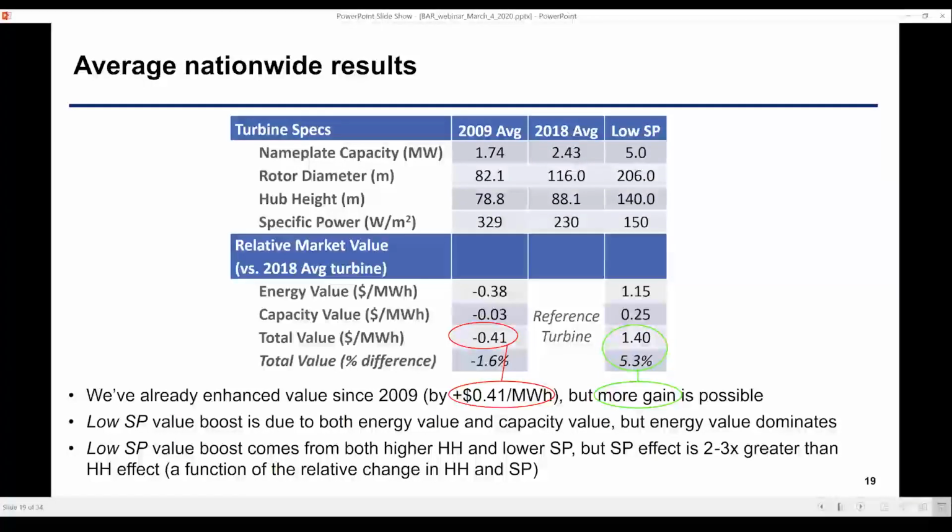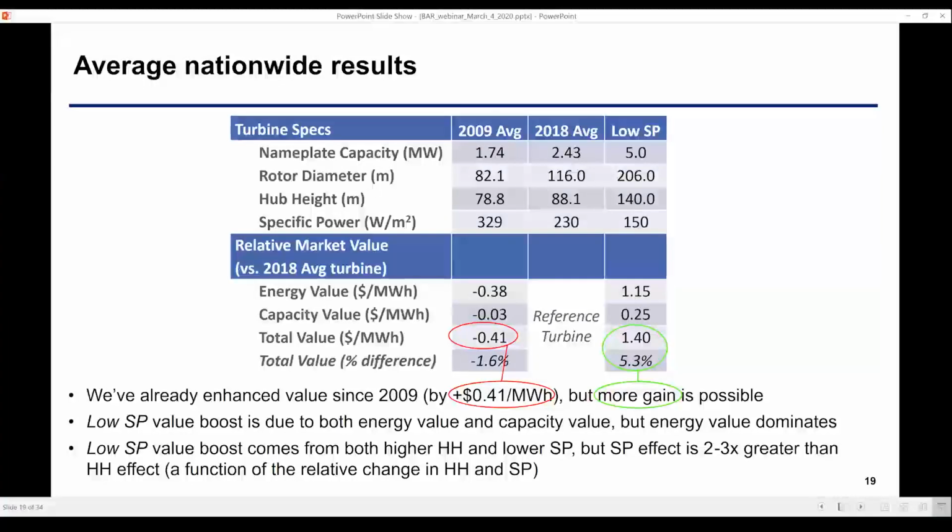So the 2009 average turbine had a lower total value of about 41 cents per megawatt hour compared to the 2018 turbine. So as turbines had lower specific power in 2018, that increased their market value on a national average by 41 cents per megawatt hour. But we see that much more gain is possible going to the low SP turbine, up to $1.40 per megawatt hour.